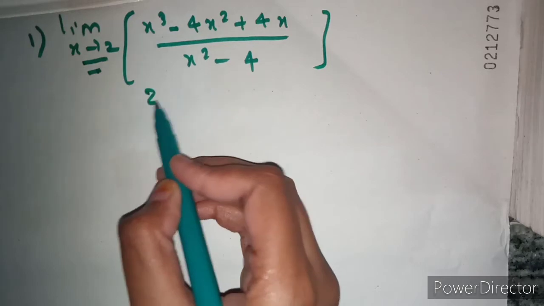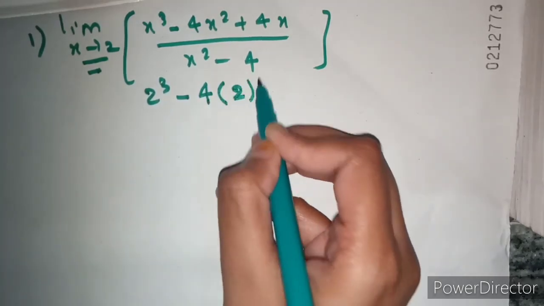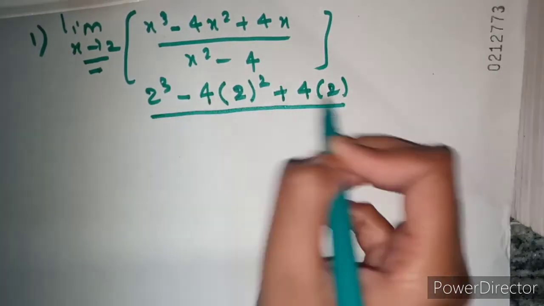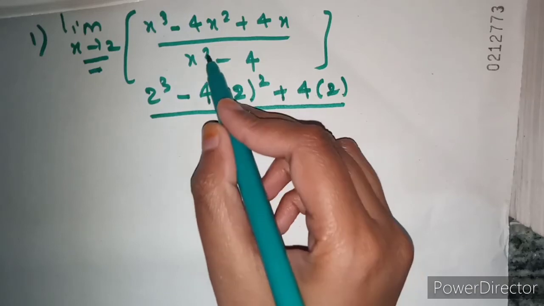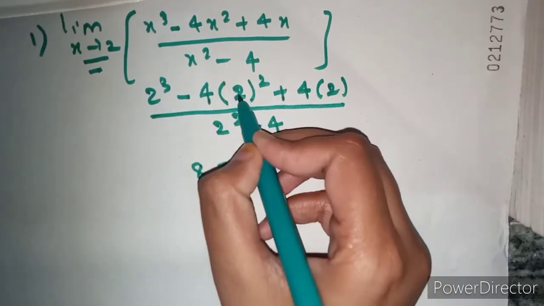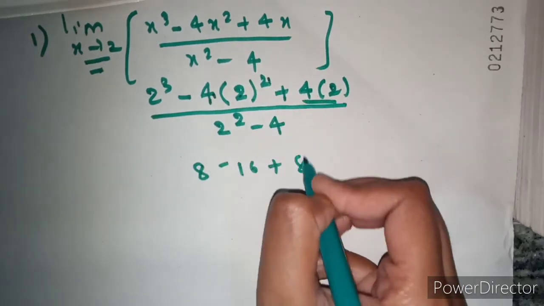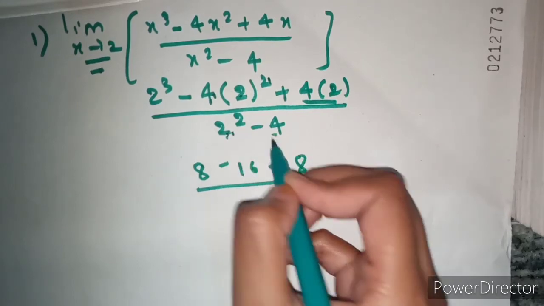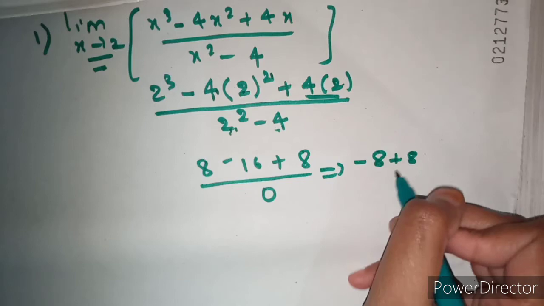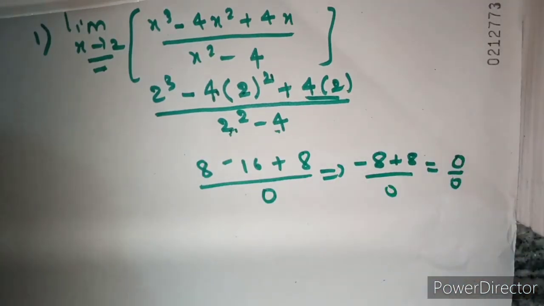So 2 cube minus 4 as it is, in place of x 2, 2 square, plus 4 as it is, in place of x 2, and here x square, so 2 square minus 4. 2 cube means 8, 2 square is 4, 4 4s are 16, plus 4 2s are 8, 2 2s are 4, 4 minus 4 is 0. 8 minus 16 is minus 8, plus 8 upon 0. Minus 8 plus 8 is 0, so 0 by 0. So we have got 0 by 0 form.